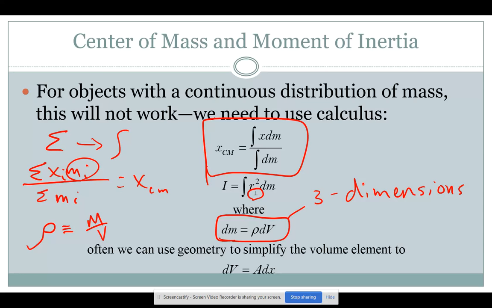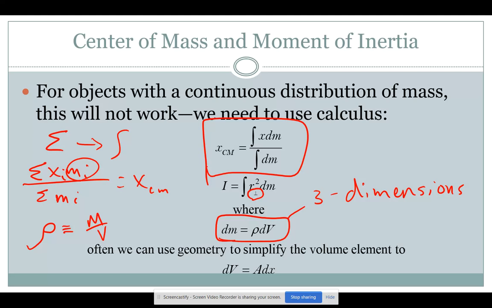It's all simple. So dV, d volume, that's a three-dimensional d. That's going to be a dx, dy, dz if you're in Cartesian coordinates. Triple integrals are not as fun as a single integral. And so one way, if you have appropriate symmetry, is you might be able to say dV is the area times dx.